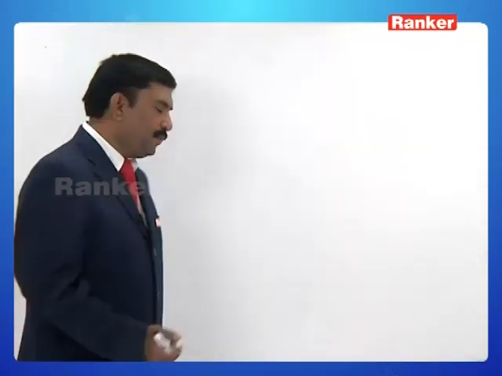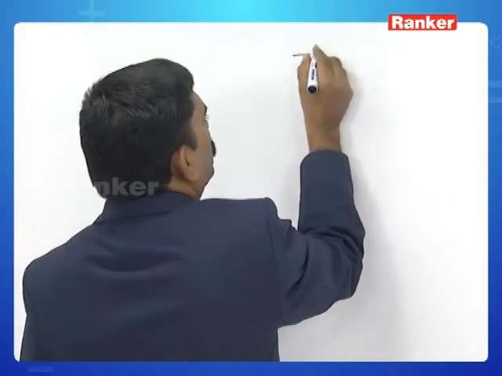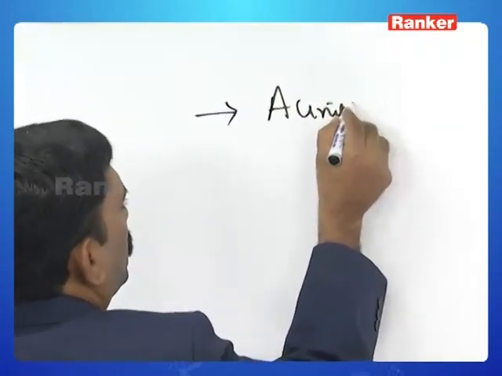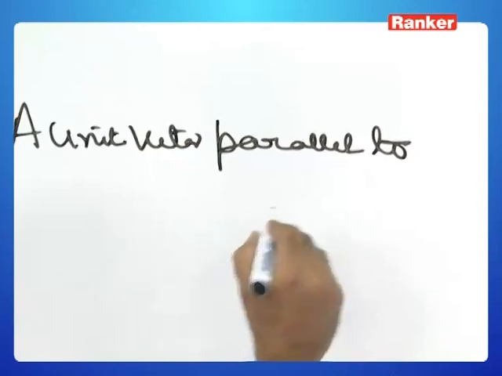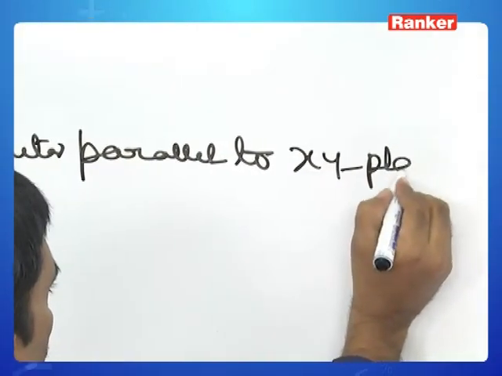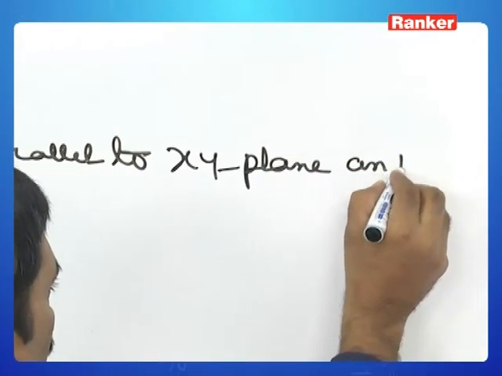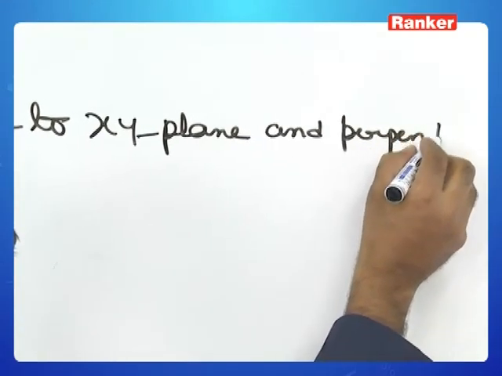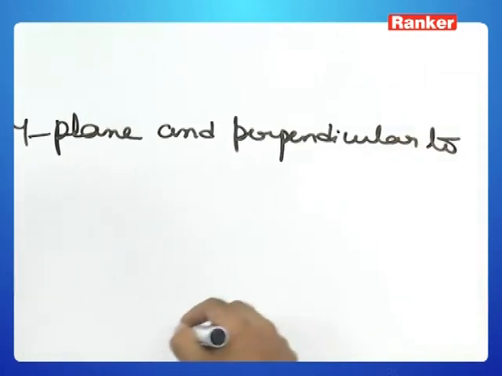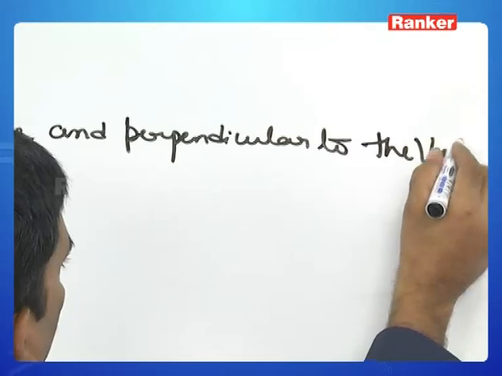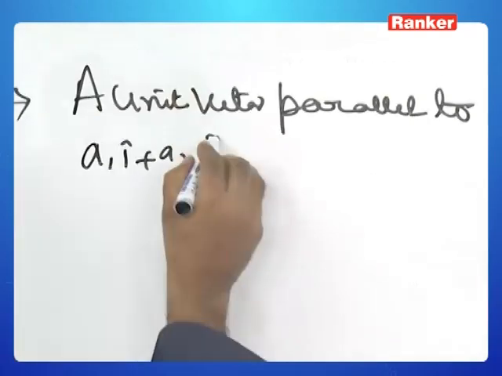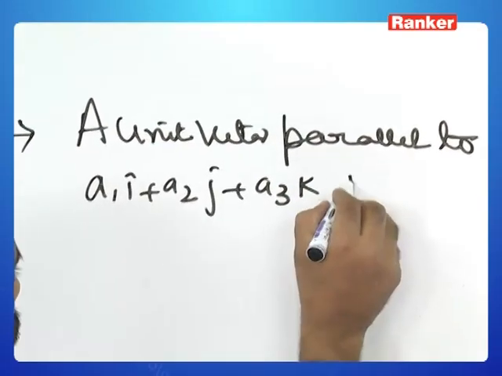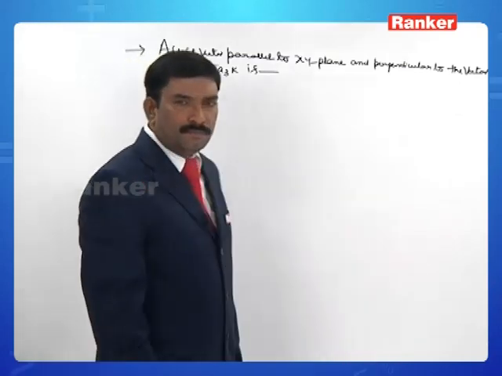Students, the another application of dot product is: a unit vector parallel to the xy plane and perpendicular to the vector a1i plus a2j plus a3k is what?